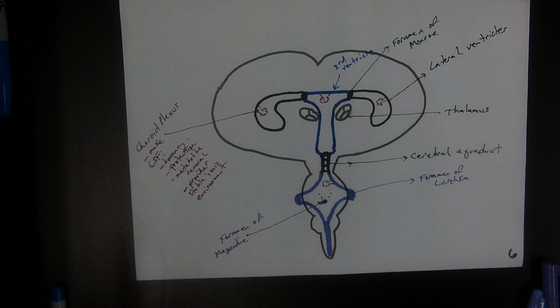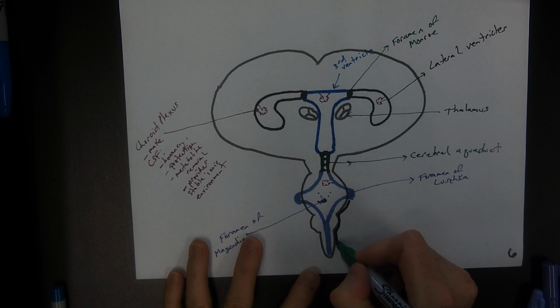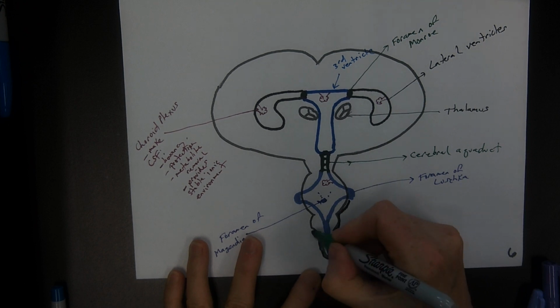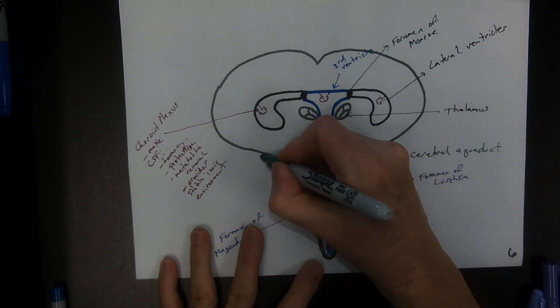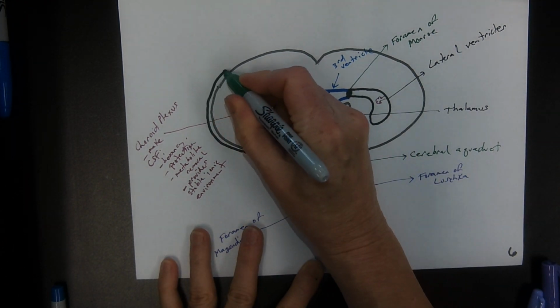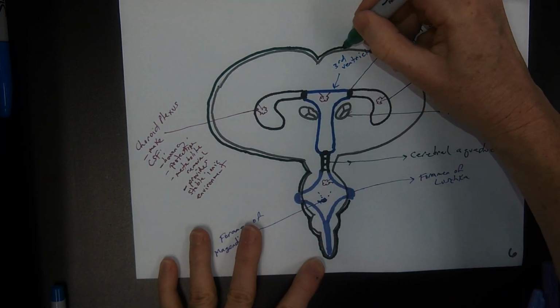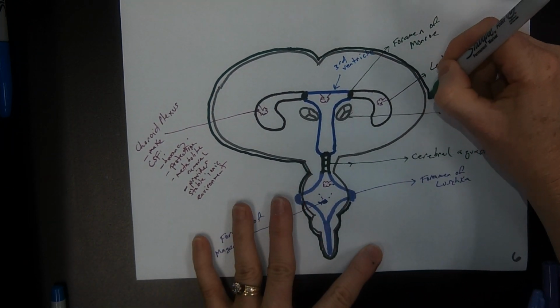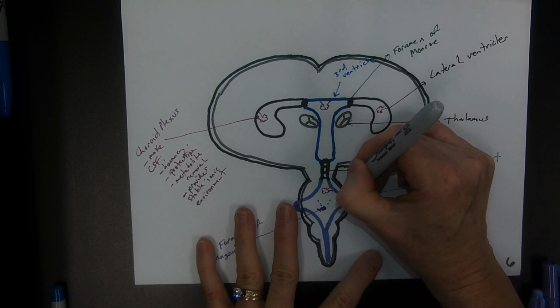Now, connecting everything together. Green, again, this is going to be your pia mater, right? Pia mater is tightly adherent to your CNS. So this is your pia mater, the first meningeal layer, which means soft mother.